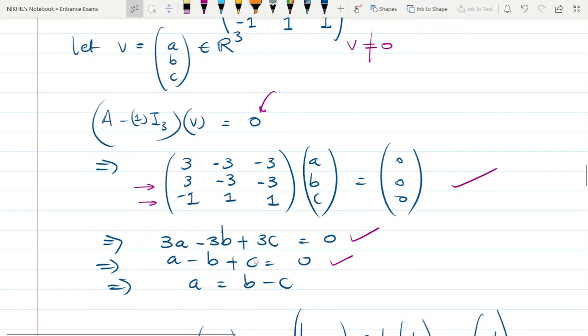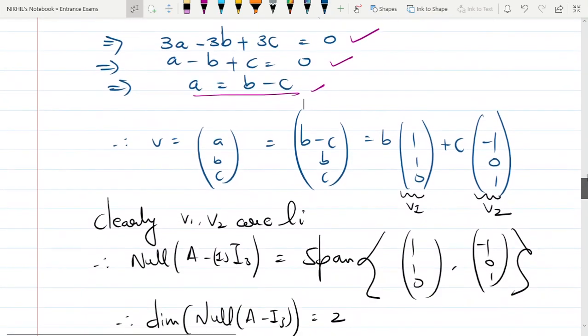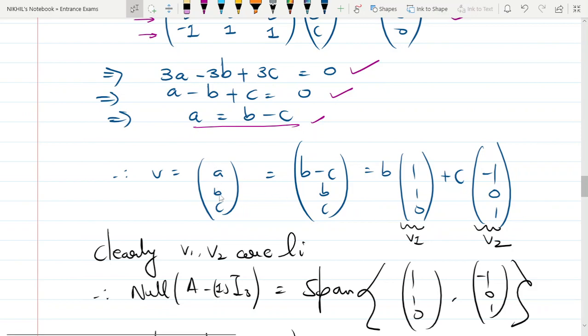From here you find the value of a in terms of the components b and c. Your original vector was this, a, b, c. Now I have replaced a by b minus c.